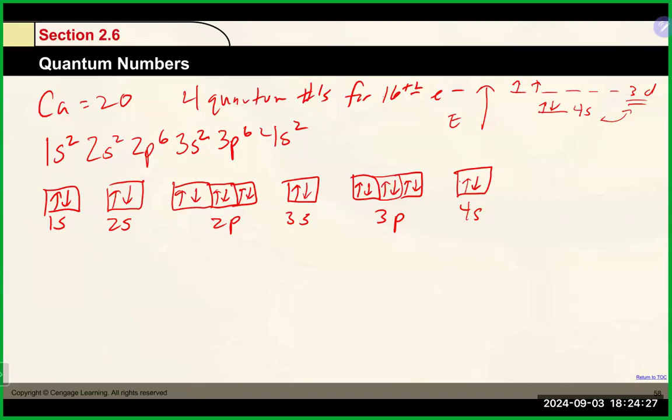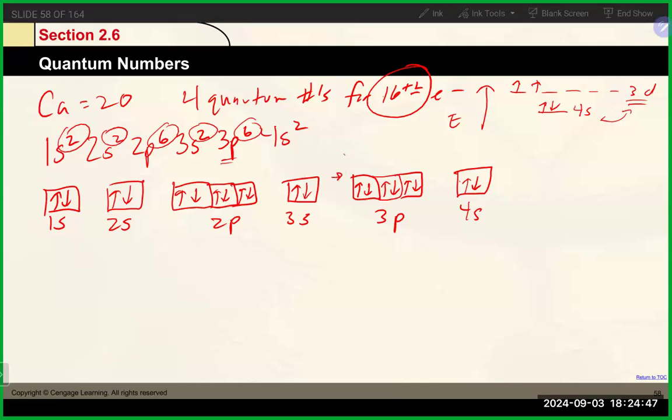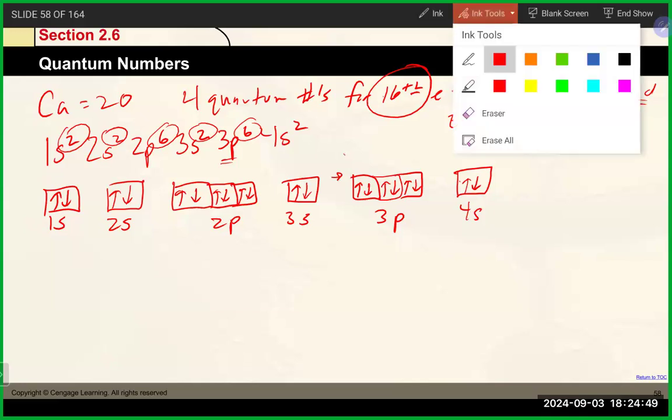Now we're looking for our 16th electron. So that is 2, 4, 10, 12, 18. So I'm feeling like it's in the 3p subshell, right? My 16th electron. So coming into my 3p subshell, I got 12 working for me.